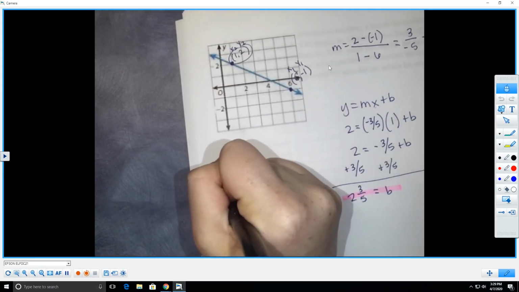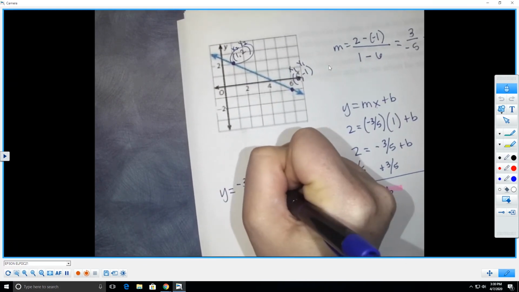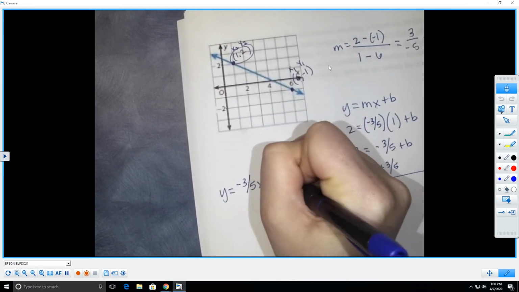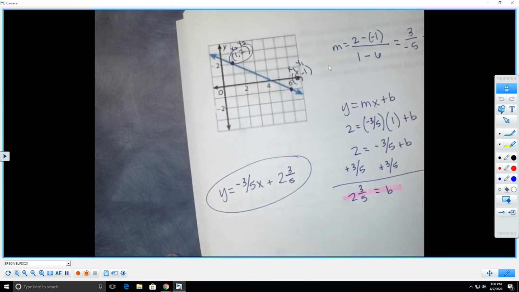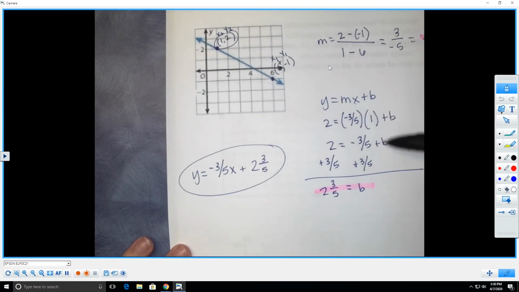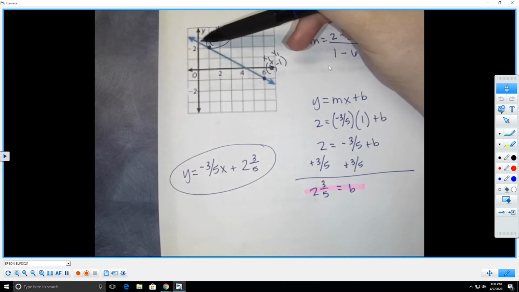Check yours against mine. I came up with y equals negative 3/5 x plus 2 3/5. So you'll see this is a really good way to find your y-intercept of a graph when it's really hard to see that exactly.